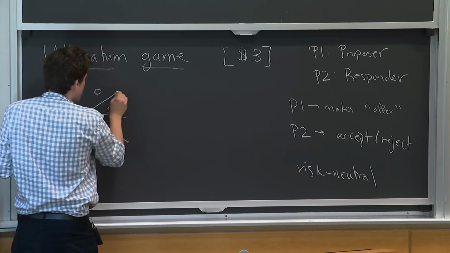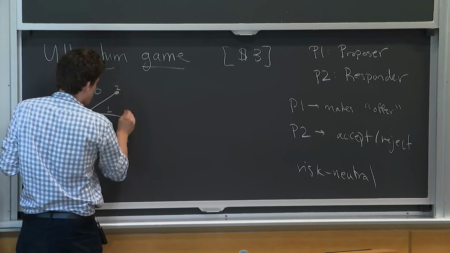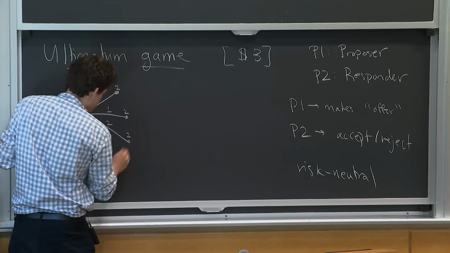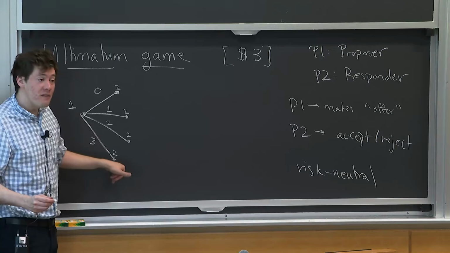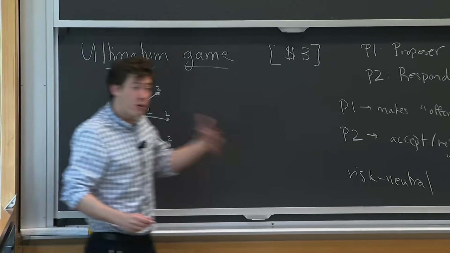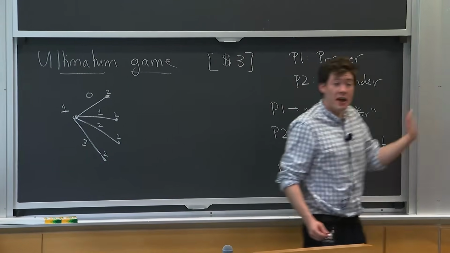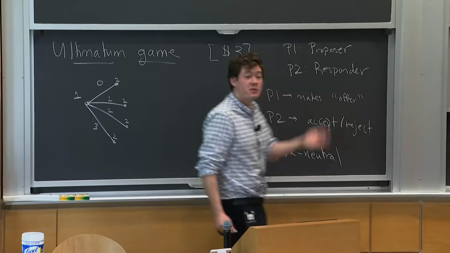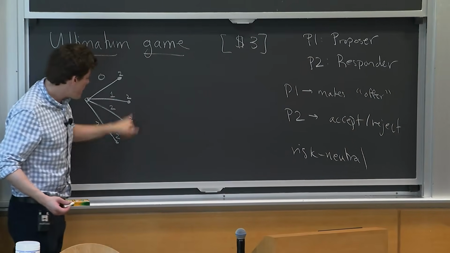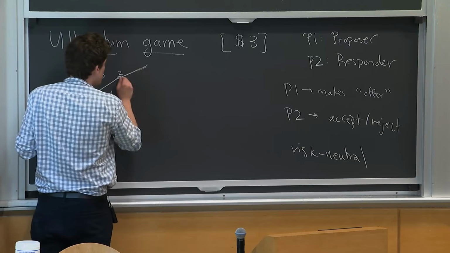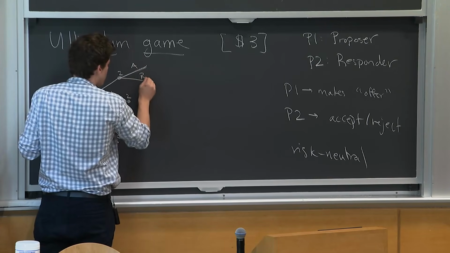And for each of these offers, it's then player 2's turn to move. Of course, these are all in separate information sets, right? We have to remember that player 2 observes the offer that is made by player 1. The responder observes the offer made by the proposer, so they can distinguish these offers. And then they choose accept or reject, which I'll call A, R.